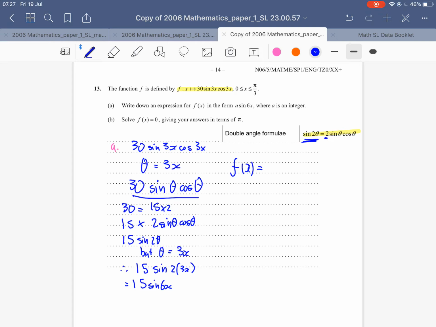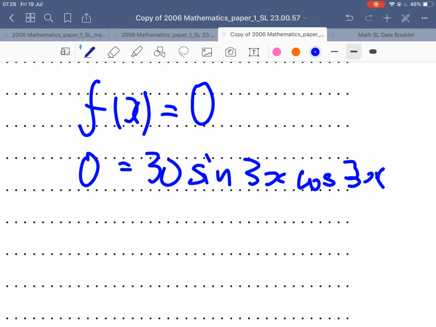I'm not sure which one I'm going to use. We want that to be equal to 0. So we're going to have to solve for both. We're going to do the first one, because that looks easiest. 30 sine 3x cos 3x, and we're going to divide by 30.